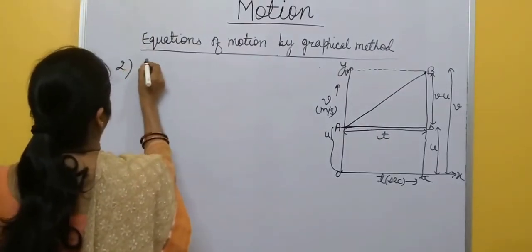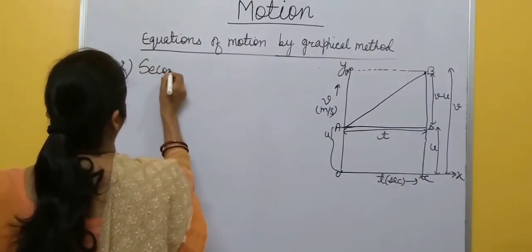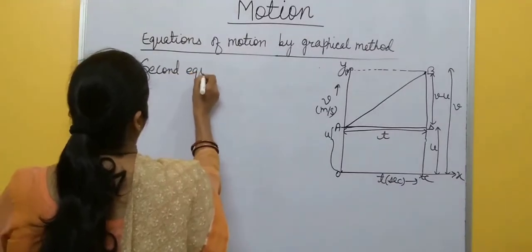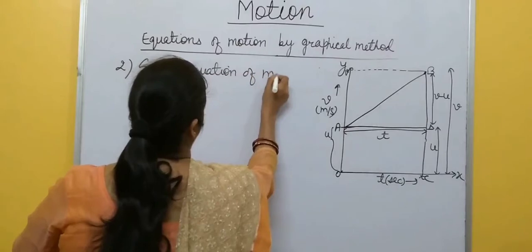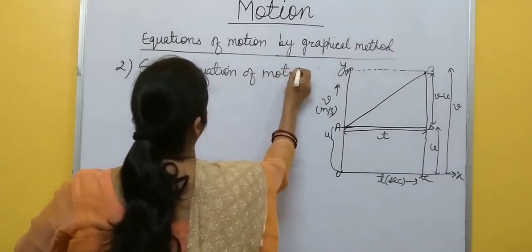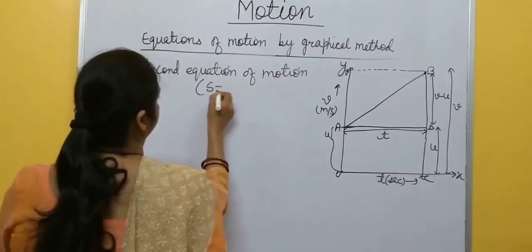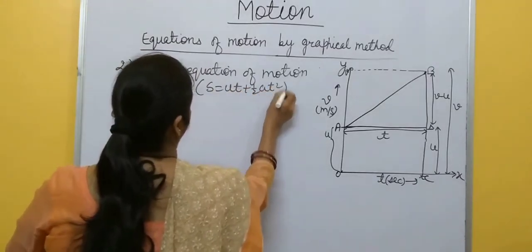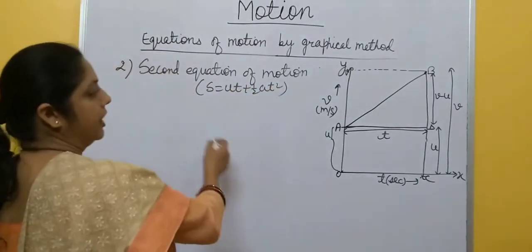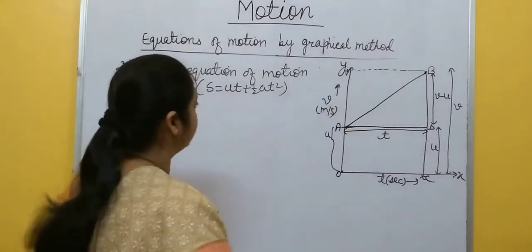What is the second equation of motion? It is s equal to ut plus half at square. Now how do you derive this one? With the help of graph, right?